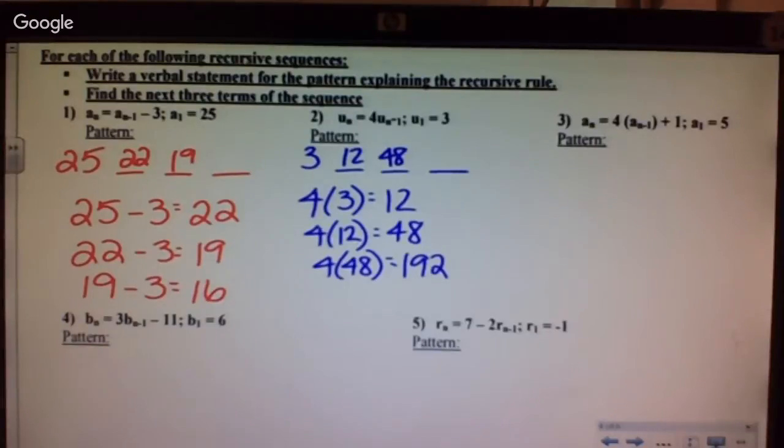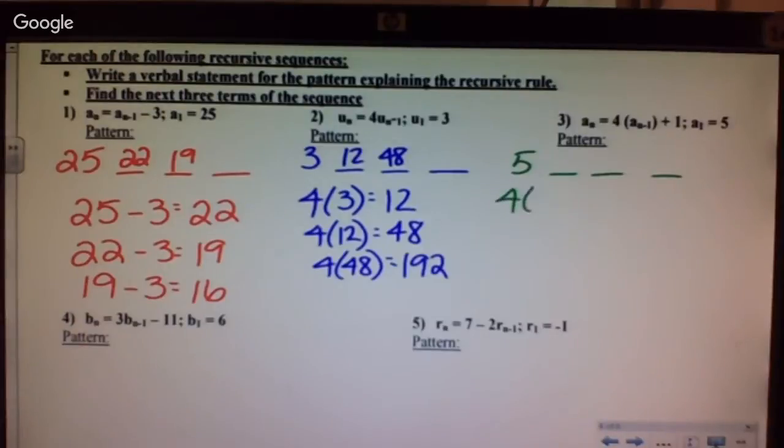192. Okay. My next one. We're starting at 5. According to my equation, what am I doing? Two things. I'm going to multiply by 4 and add 1. Multiplying by 4 and then adding 1.